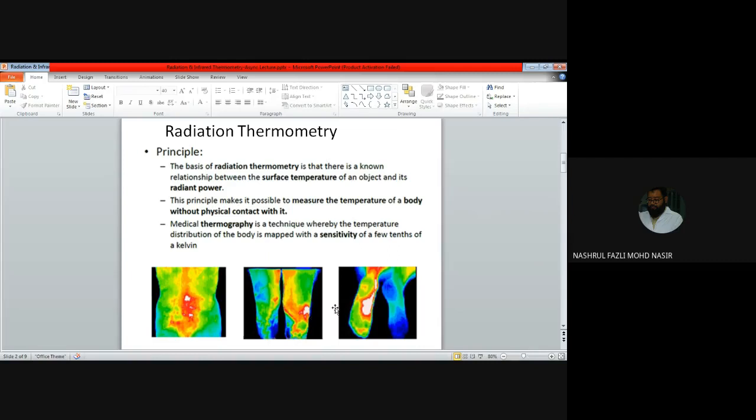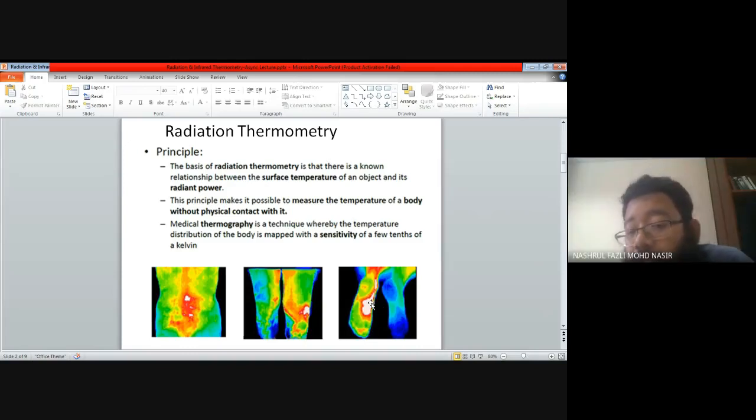From the graphic here, which I took from Dr. Shamehi's lecture, we can see that certain parts of the body are reddish compared to others, maybe because that part has a disease or something. This is normal.